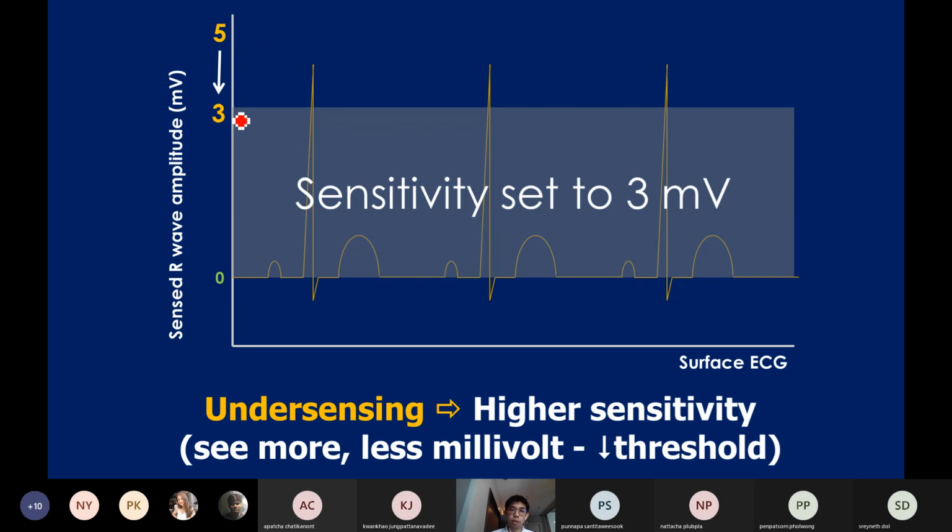Lower the number, but lowering the number is called increasing the sensitivity. Now the pacemaker will see the R wave, the intrinsic rhythm here.